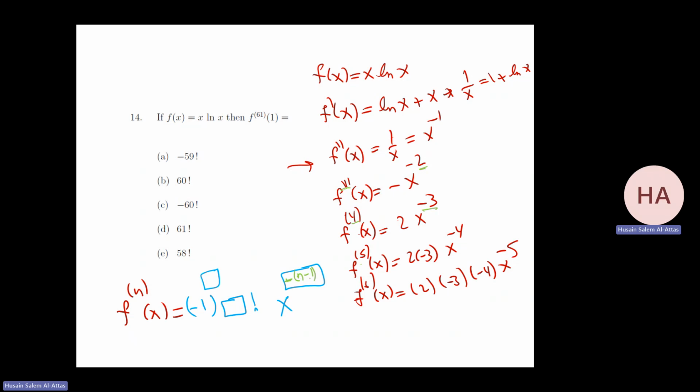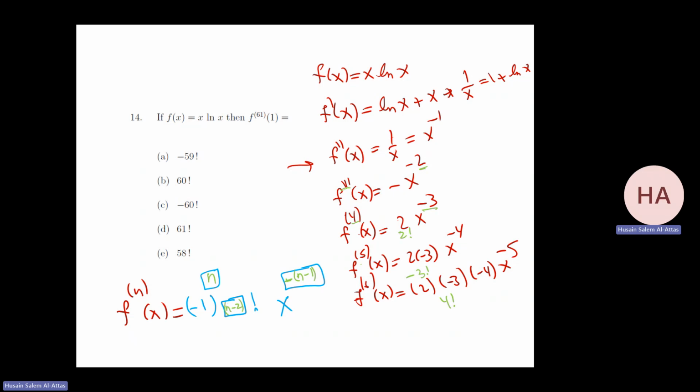The fifth, 5 minus 1, 4 minus 4. Working fine. The factorial, I have here 2 factorial. Here 3 factorial times the minus sign here. I have 4 factorial. So it will be n minus 2. The sixth, I have 6 minus 2 factorial, which is 4. The power for the even is plus, for the odd is negative. So this is minus 1 to the power n.